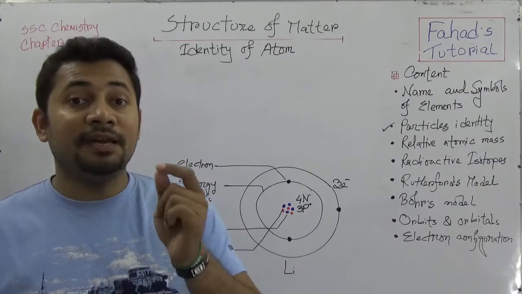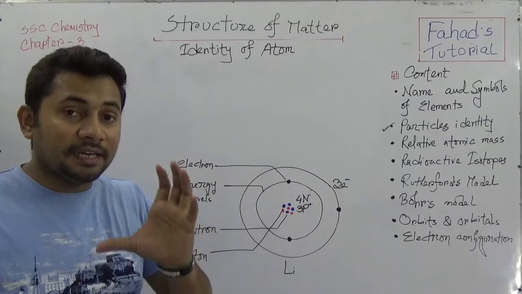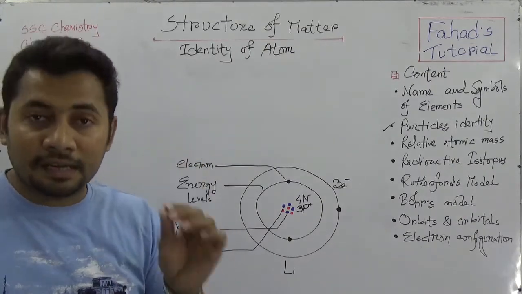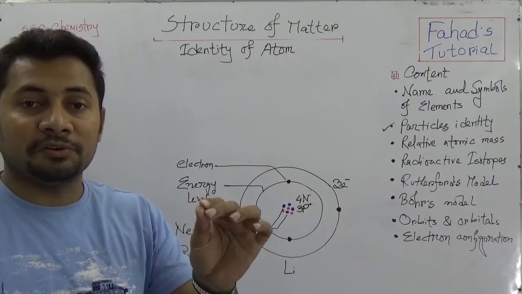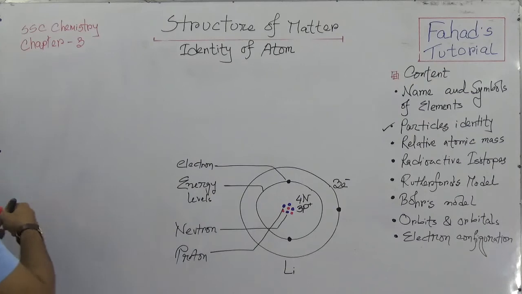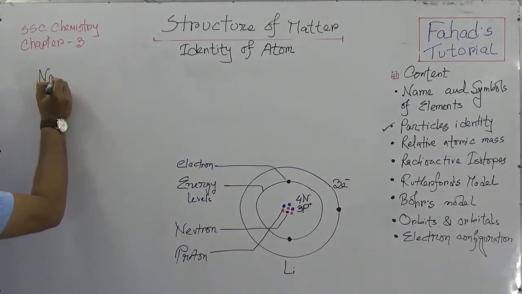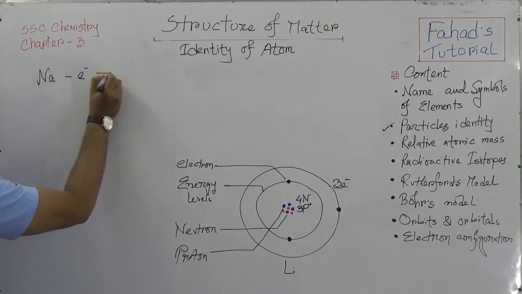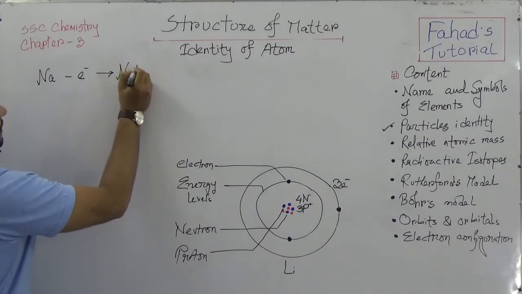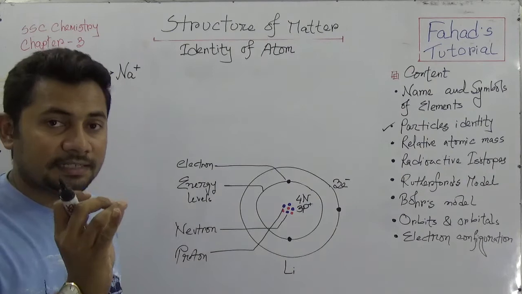That is the main thing we need to understand: how we can identify the particles and count the number of electrons, protons and neutrons. Suppose, when sodium releases 1 electron, we write Na+, which is a cation.